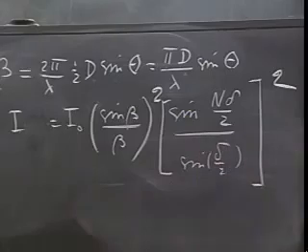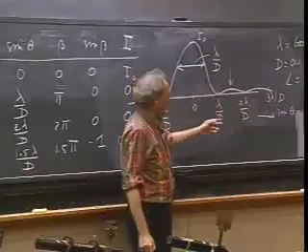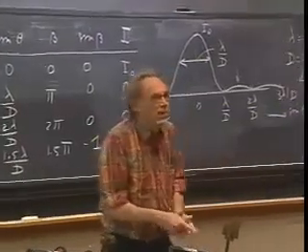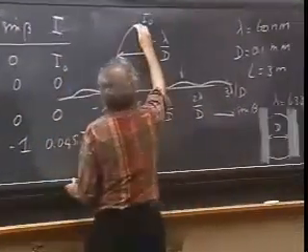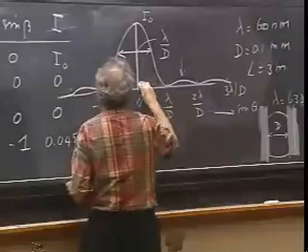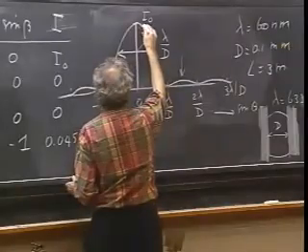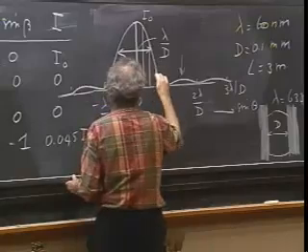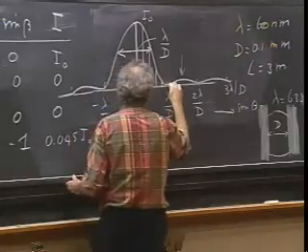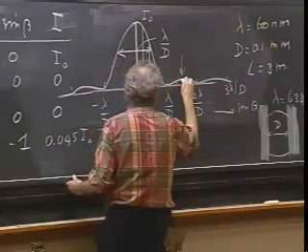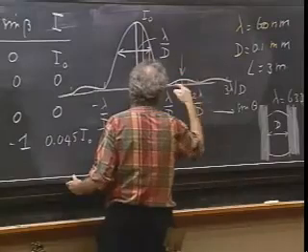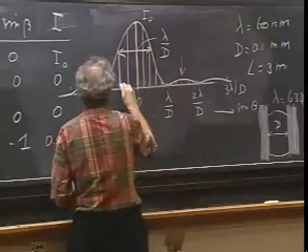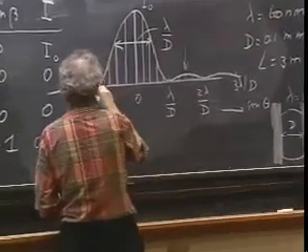If this were a grating whereby capital D was the opening of each individual groove, the zero order maximum will always be here, the first order maximum of the grating would fall here, the second order here, and the third here. This is the price you pay for the fact that these grooves have an opening. And so you see a modulation in the strength of your first, second, third, fourth order, and so on.